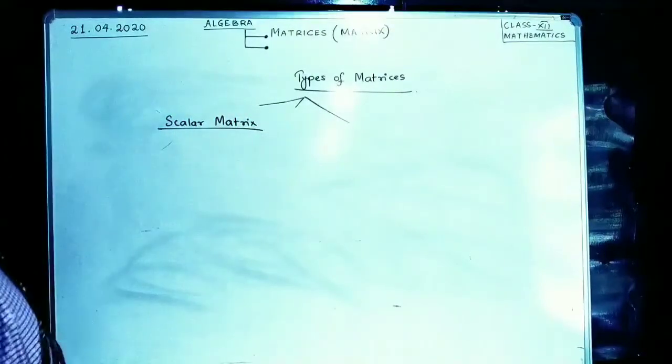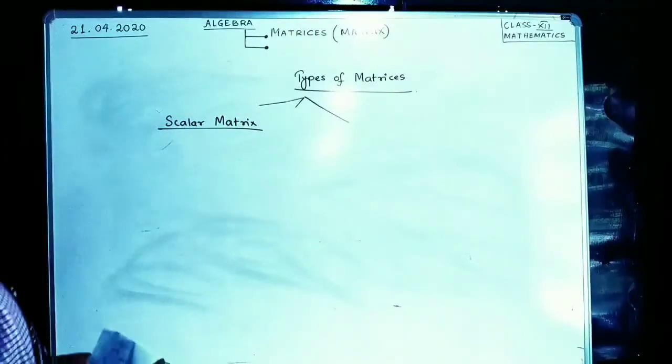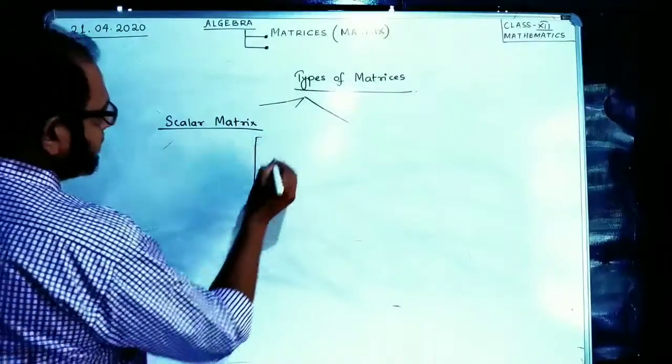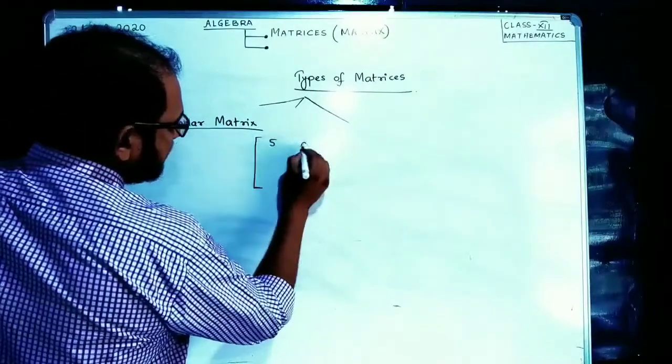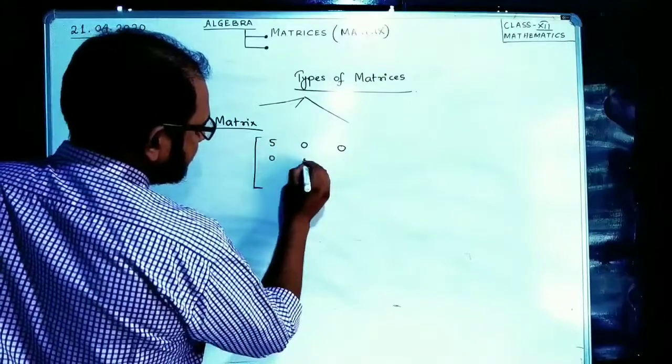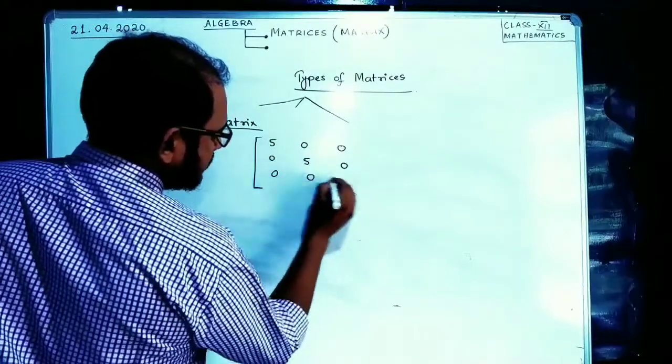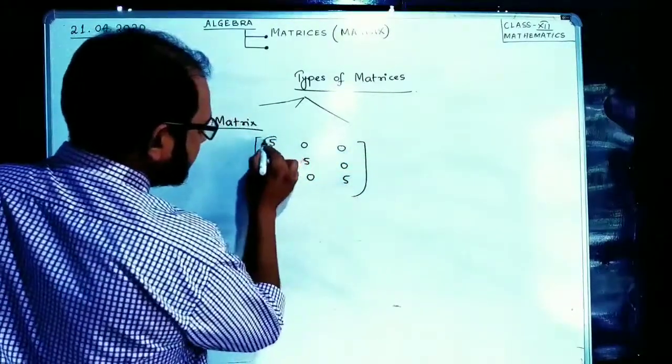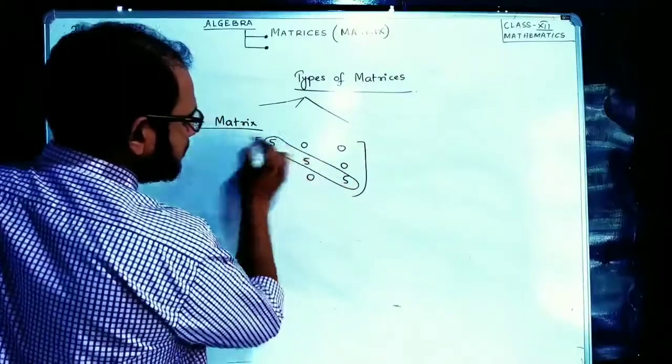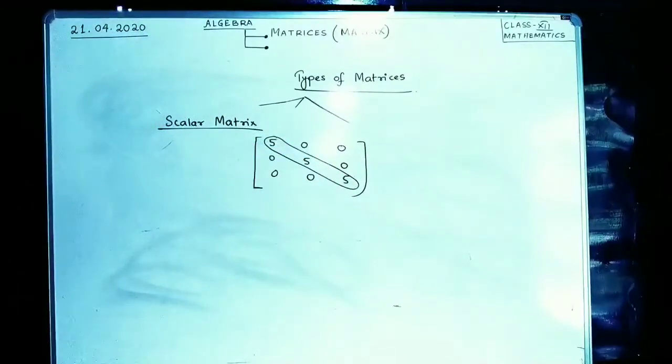A scalar matrix is obviously a diagonal matrix, but in this diagonal matrix all the elements in the diagonal are the same. See, the diagonal elements are the same here. 5 is the common diagonal element.